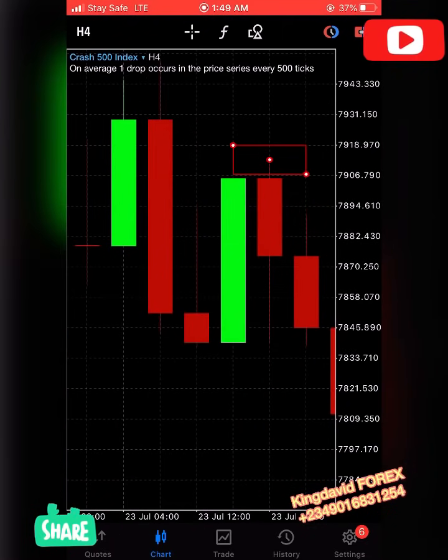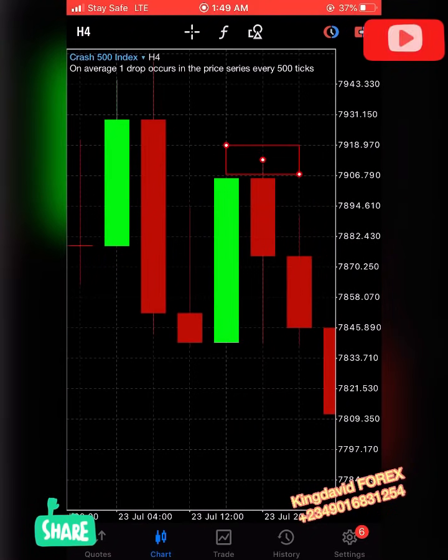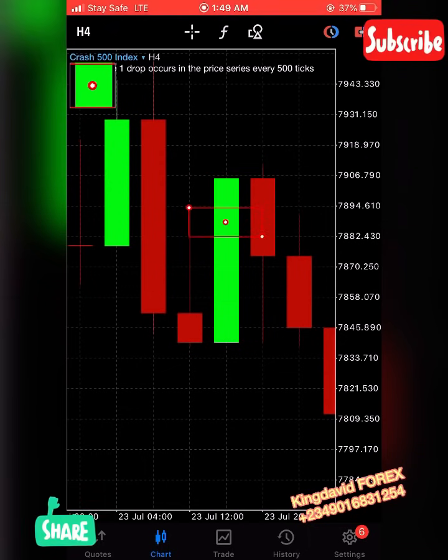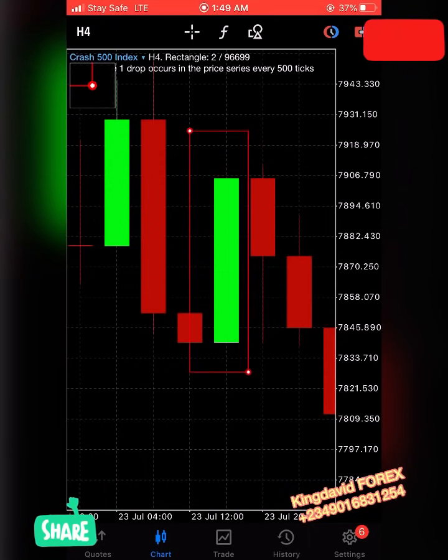All right, let's check it out again. This is also what I will call my power candle again. You can see this candle has no upper shadow and no lower shadow.